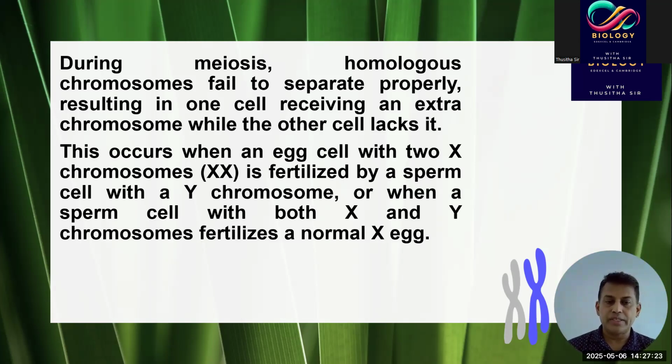This occurs when an egg cell with two X chromosomes is fertilized by a sperm cell with a Y chromosome, or when a sperm cell with both X and Y chromosomes fertilizes a normal X egg. So the sperm has X and Y and fuses with the X cell, giving XXY. This is the answer for the question.